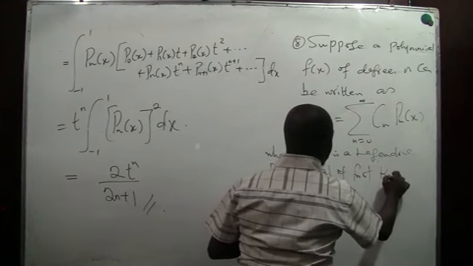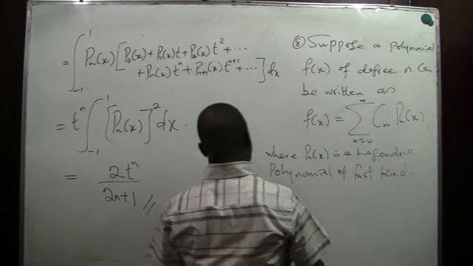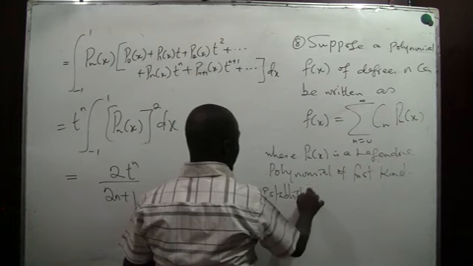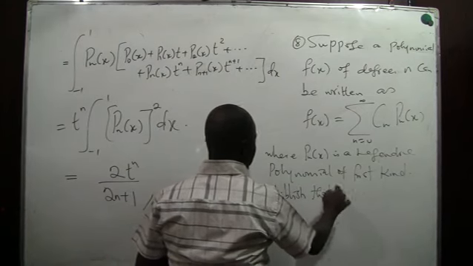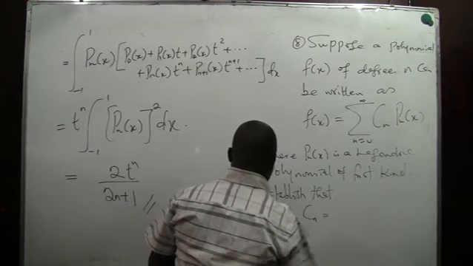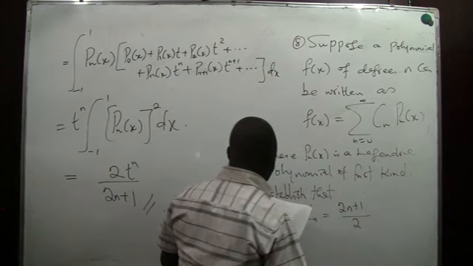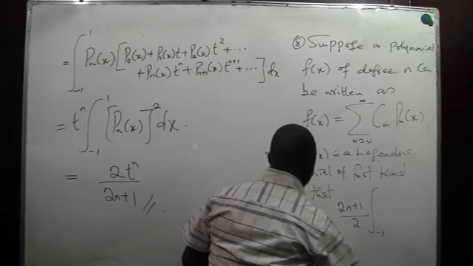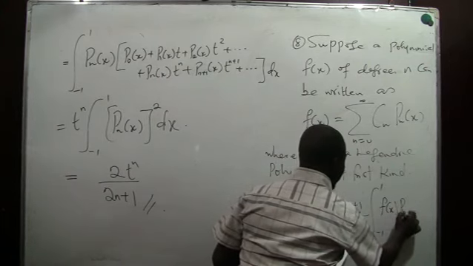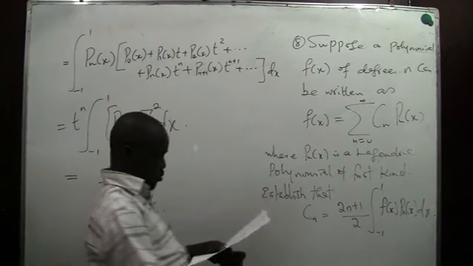Establish that Cn can be written as 2n plus 1 divided by 2 integral between minus 1 and 1 of f of x Pn of x dx. Very nice question.